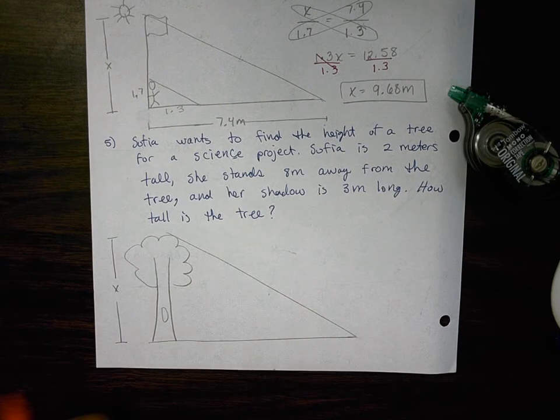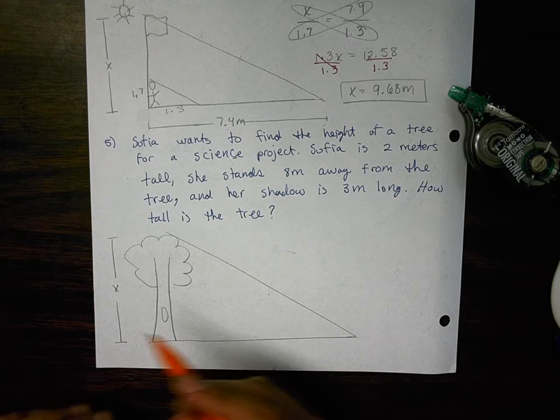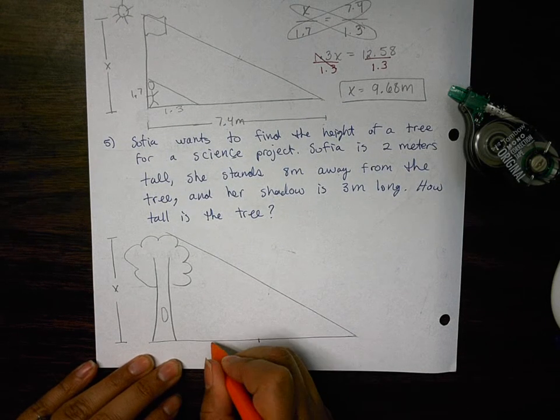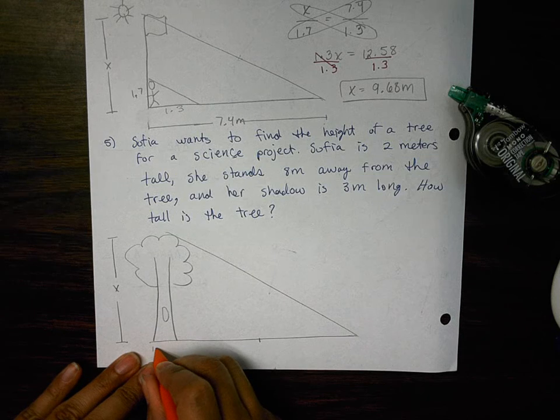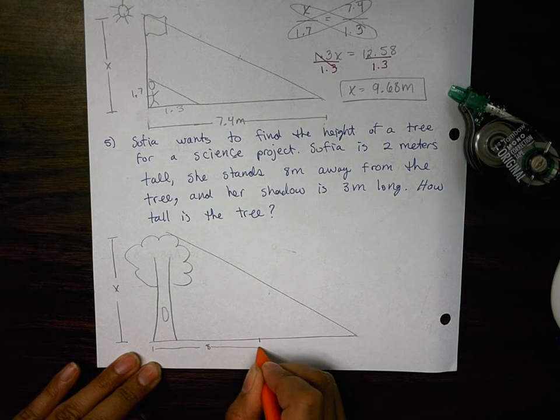Okay, so I'm going to call this here X. Do we know the length of the shadow for the tree? She stands 8 meters away from the tree, and her shadow is 3 meters long. Okay, we do not. Do we know her height and her shadow? Yeah. Is she standing next to the tree? No, she's standing 8 meters away. Okay, so 8 meters away.